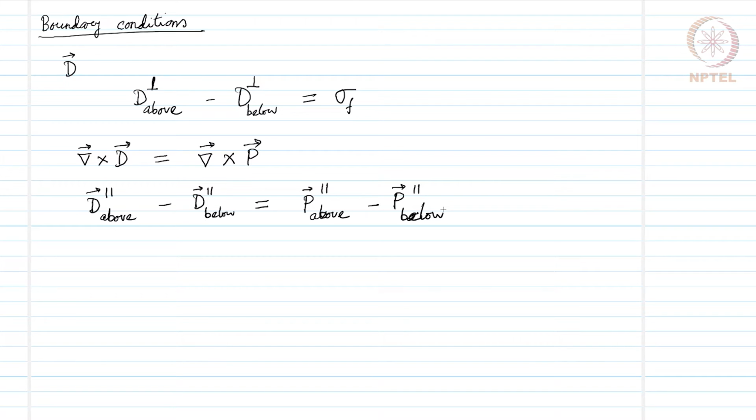So, let us write that down. In case of electric field, we wrote that the perpendicular component of the electric field above minus the perpendicular component of the electric field below equals 1 over epsilon naught times sigma.